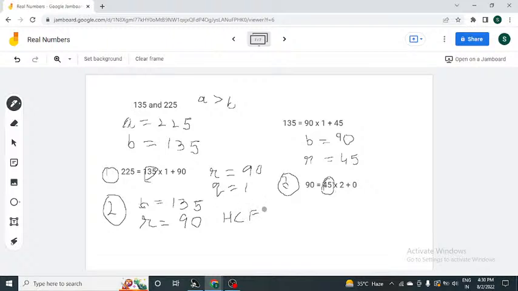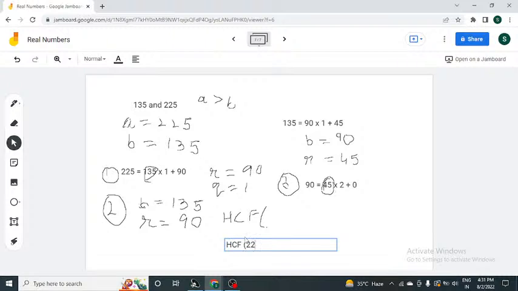It's a bit hard to write like that, but I'm trying. So okay, let me do this. I'm going to use the text. So you can write HCF like this.